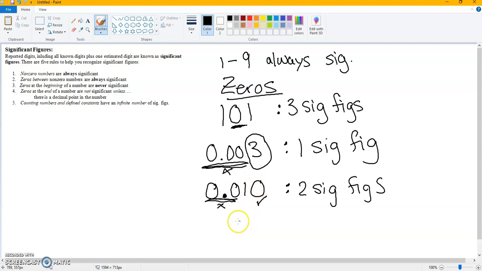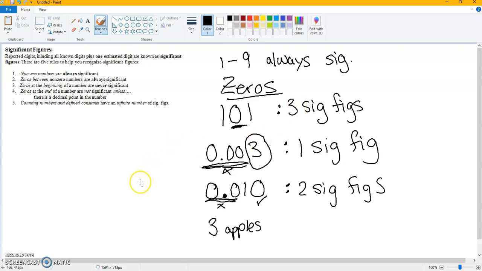All right, last one, number 5. Counting numbers and defined constants have infinite number of sig figs. So let's say that I have 3 apples. You can have 1 apple, but that's an exact number.